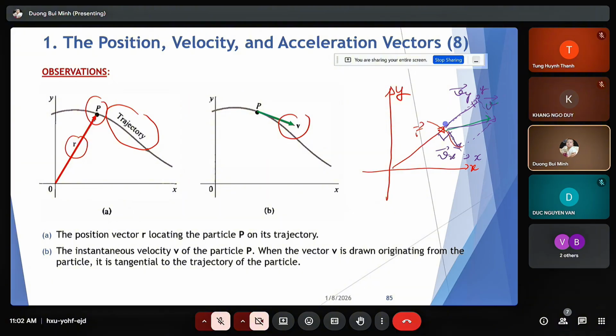So I can refer vector v to a coordinate system like this, and vector r to another reference coordinate system x, y.